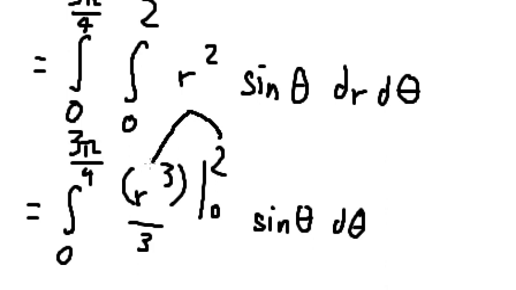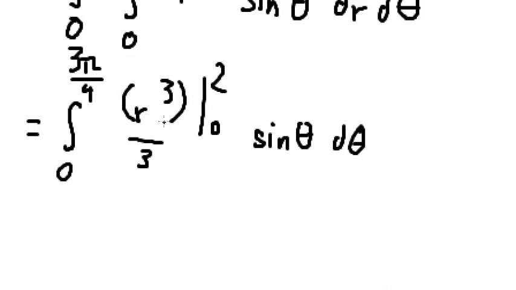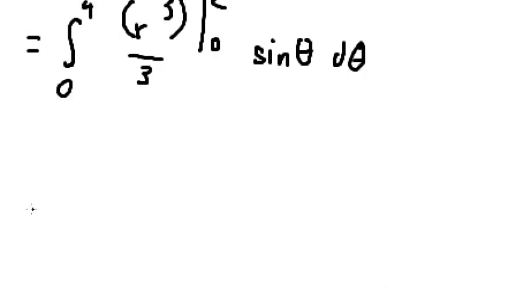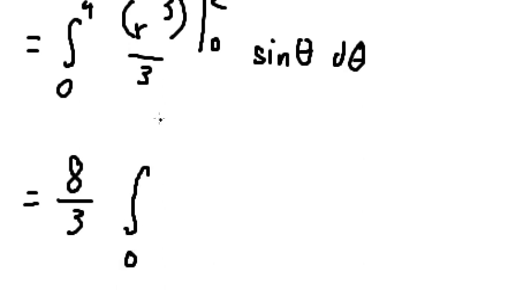So I will put number 2 gone here, number 0 gone here. We calculate about this one, and we have 8 over 3. And we have the integration from 0 to 3 pi over 4.